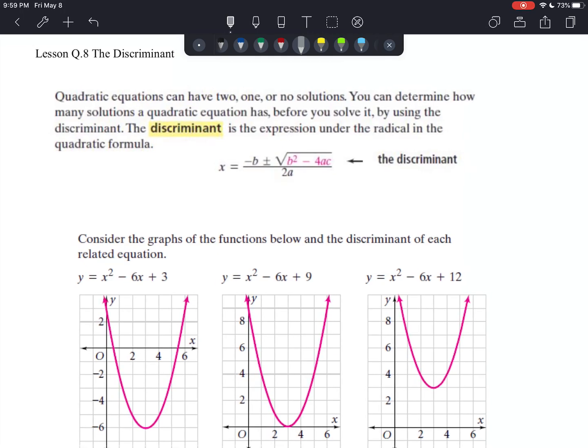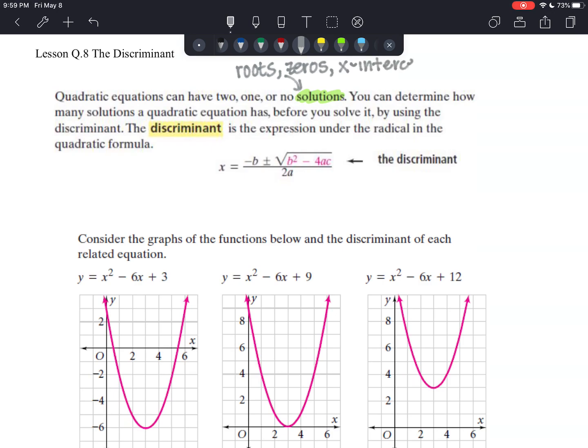Quadratic equations can have 2, 1, or no solutions. When we talk about solutions, remember that can also mean roots. We can use the word zeros, or we can use the word x-intercepts.